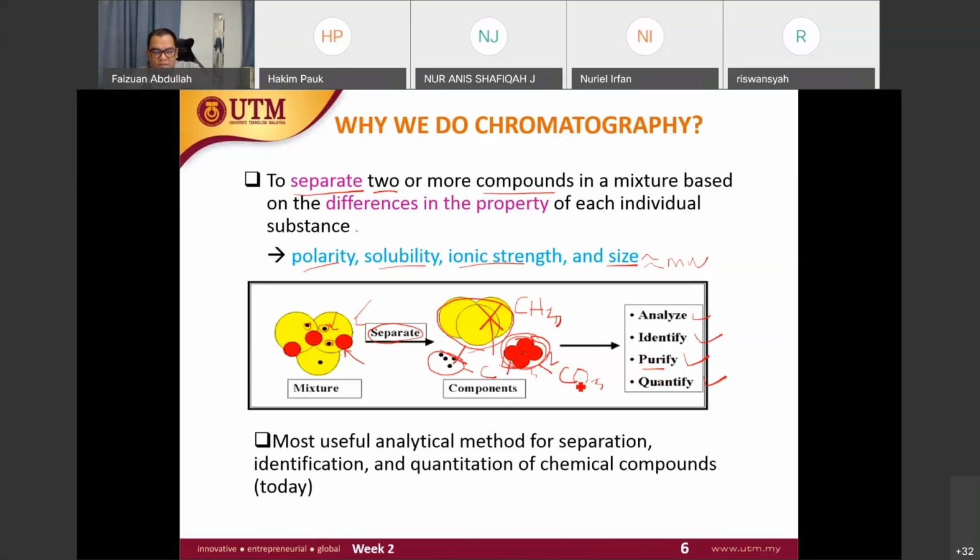It is the most useful analytical method today for separation, identification, and quantitation of chemical compounds. This chromatography technique is the best one. Every industry in this world has chromatography instruments. The most famous one is what?